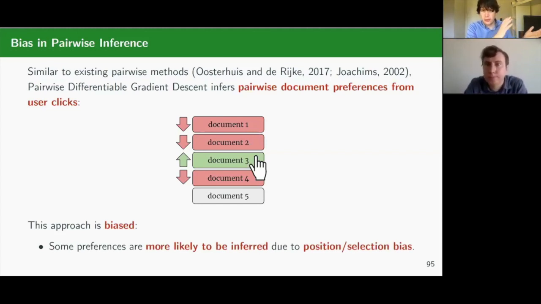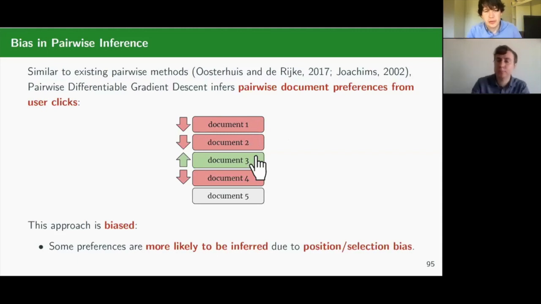As we discussed in the first part, the lower you are, the more you have to lose, right? Document 1, for instance, most clicks will just be on document 1 if it's on top, presumably due to position bias. So document 1 is less likely to be seen as preferred over document 2, just because it's on top. So it's unfair in a way due to position bias.